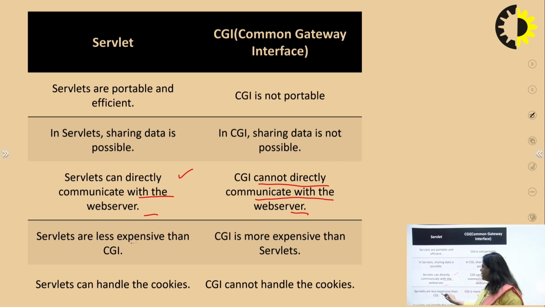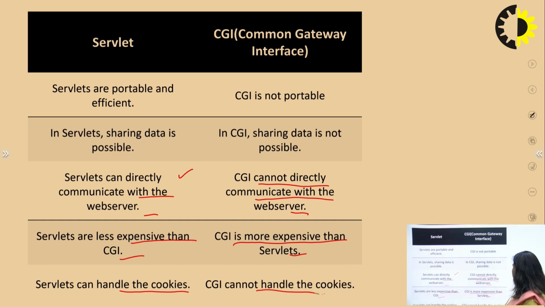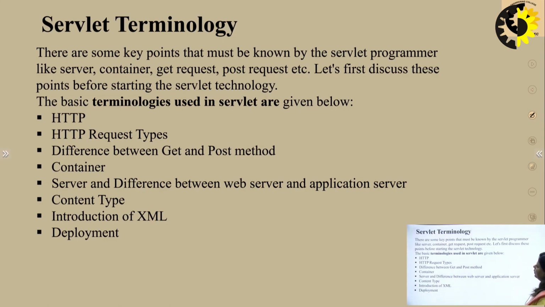Now servlets are less expensive than CGI, and CGI is more expensive than servlets. Servlets can handle cookies, and CGI cannot handle cookies very well. Now basically servlet works in this terminology, or we can say this is the servlet life cycle.